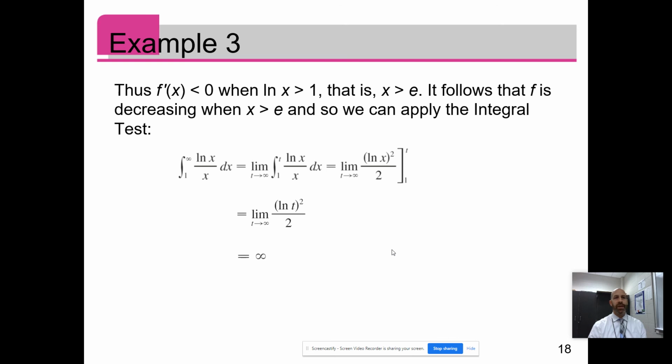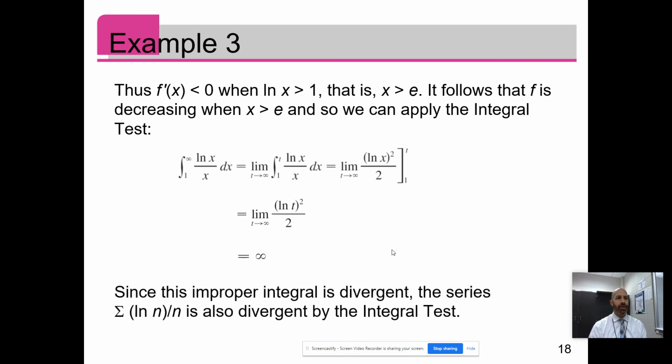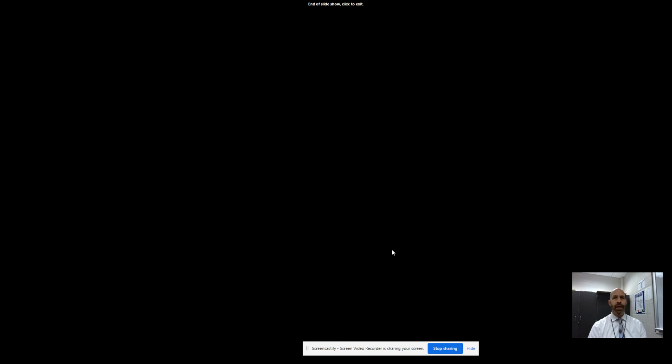And with a little bit of work, we see that that is infinity. So the conclusion we can come to is that this improper integral is divergent, and therefore this series also has to be divergent by the integral test. Notice I did not use the p-series test because this is not a p-series. And that will be that. Thank you guys very much for your attention.